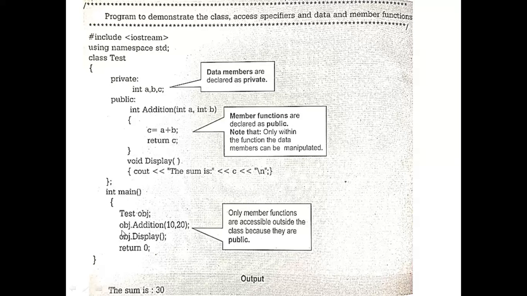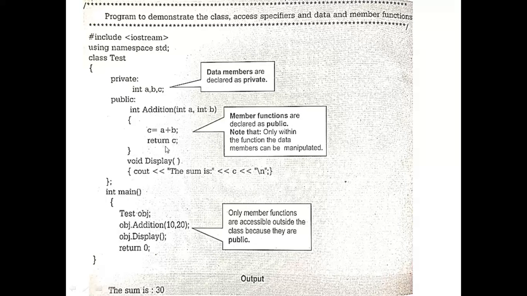In the next line, that is obj dot addition, and we are passing 10 comma 20. That means using an object we are calling the function addition from the class test, which we have declared earlier, and we are passing two arguments in that, that is 10 and 20, to addition function.